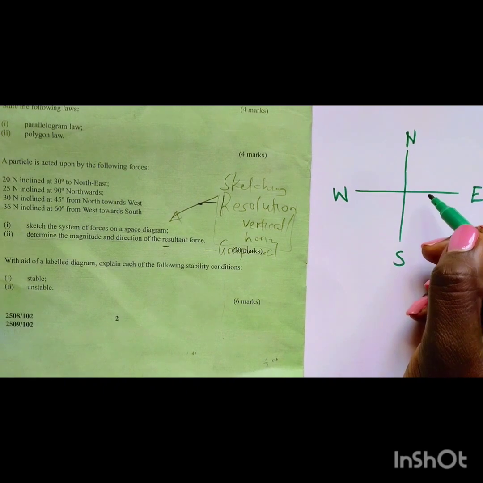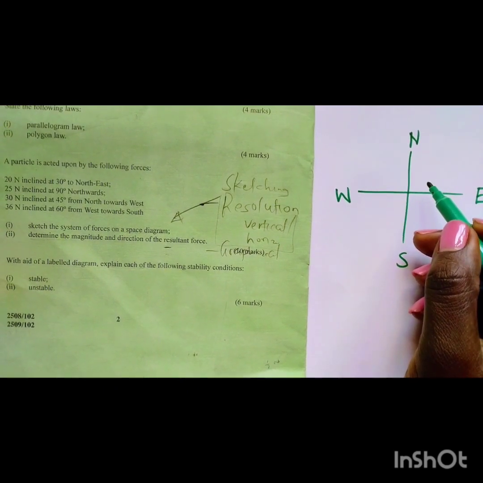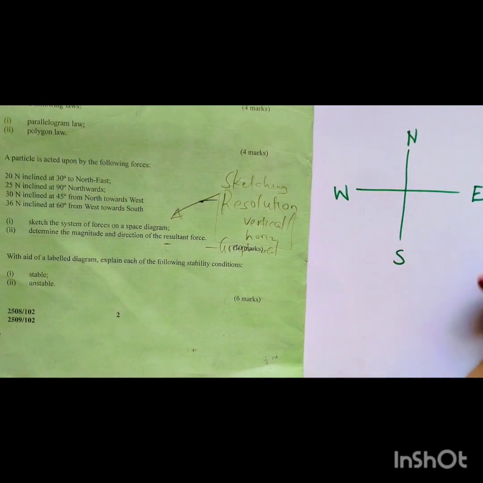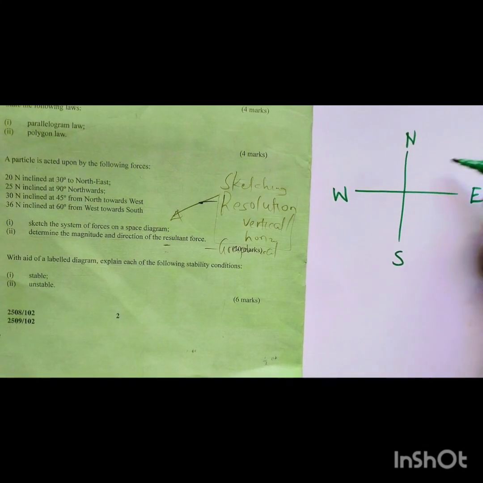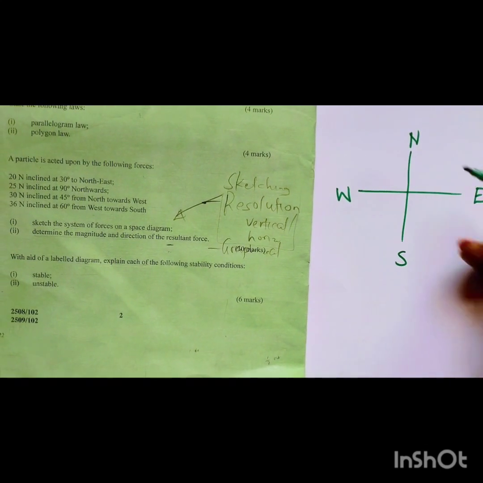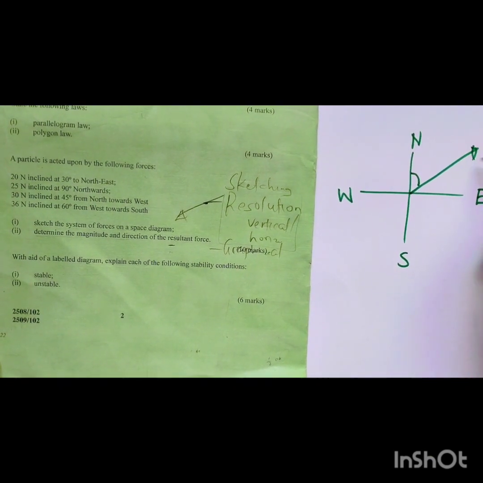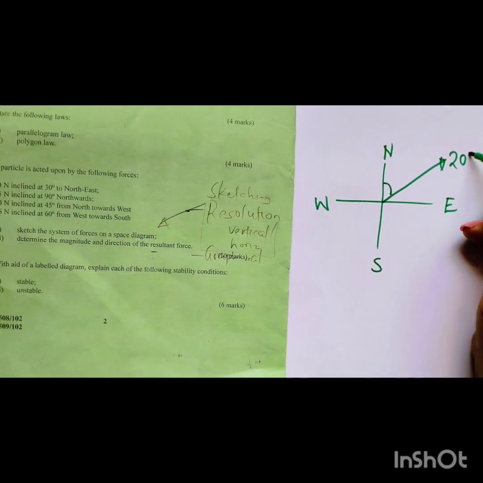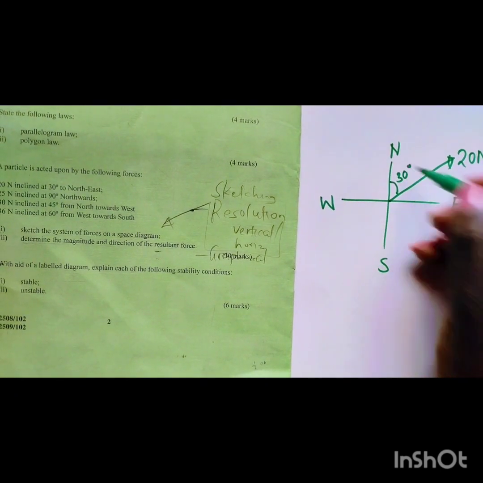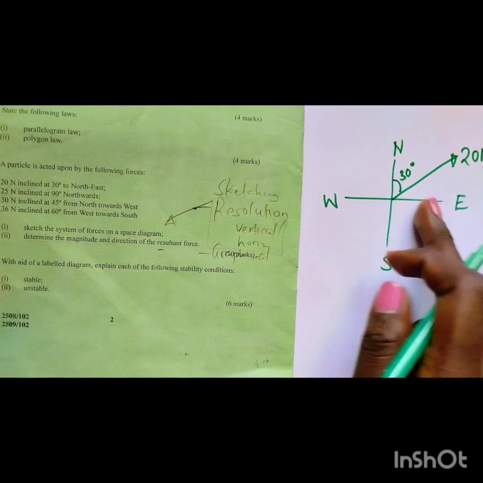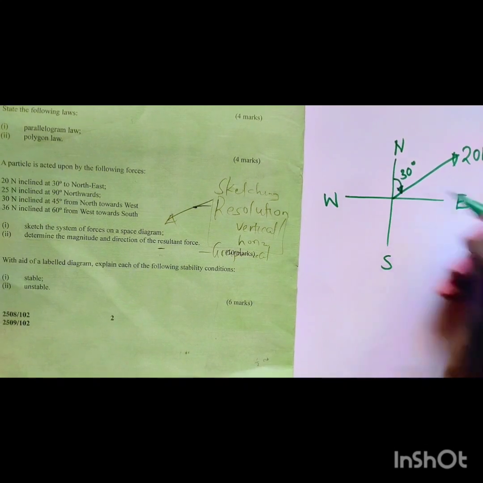Now remember, inclined at 30 degrees, it's northeast. So in between here is northeast. So it's not towards east. We're reading it from north. So we are going to incline this force of 20 newtons at 30 degrees towards the east from north. This is the northeast, remember. So it is in this direction.